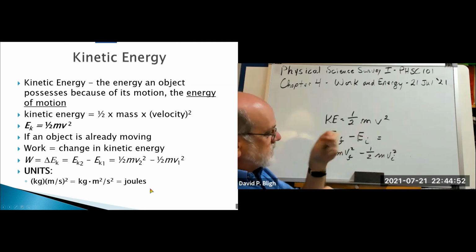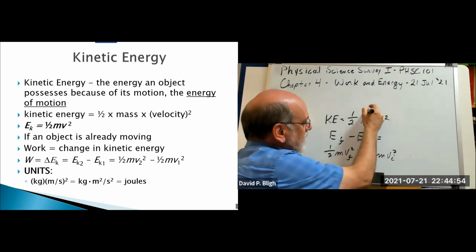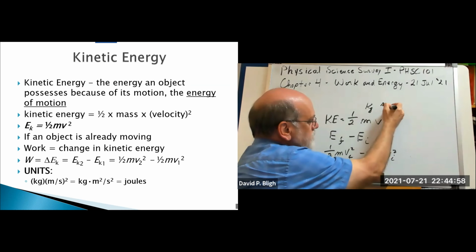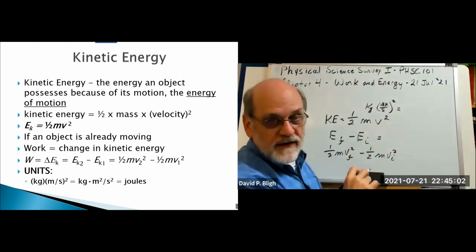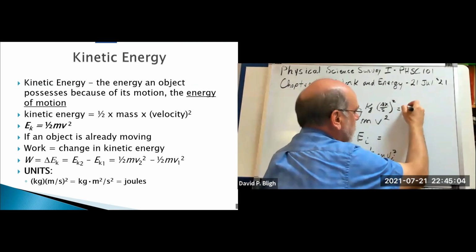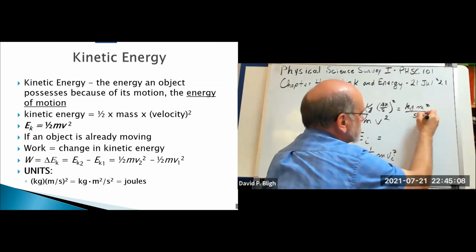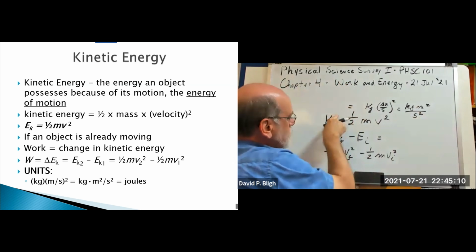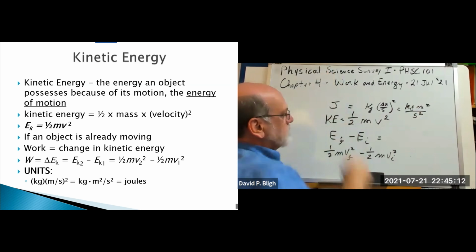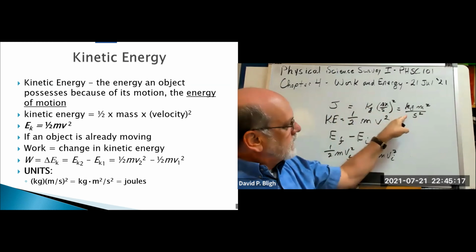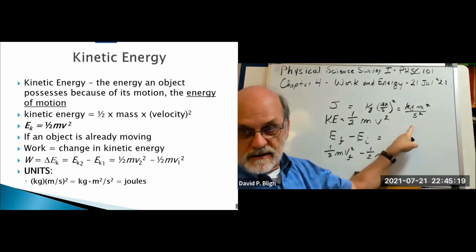So if we take this expression and we say mass is kilograms and velocity is meters per second, but we square it, now the units of measure are kilogram meters squared per second squared, and that's equal to energy, joules.